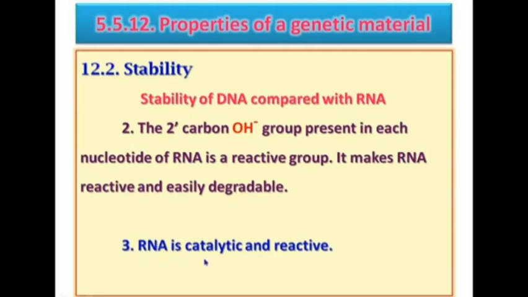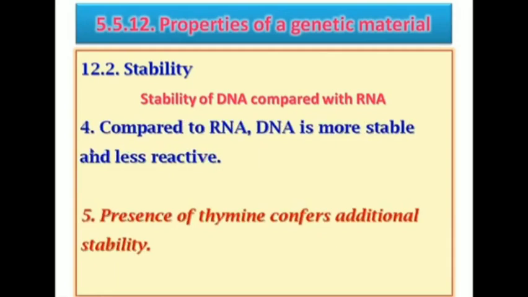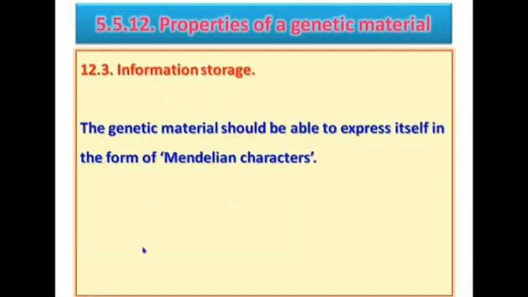RNA is catalytic and reactive because of the 2' carbon OH group present in each nucleotide. Fourth, compared to RNA, DNA is more stable and less reactive. The presence of thymine confers additional stability to DNA, but instead of thymine, RNA contains uracil.